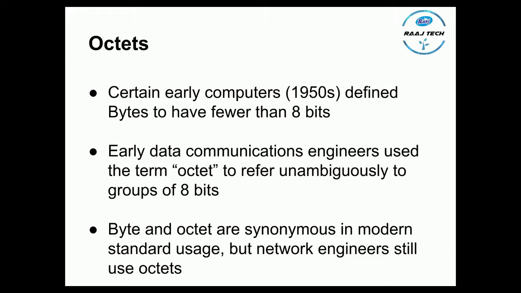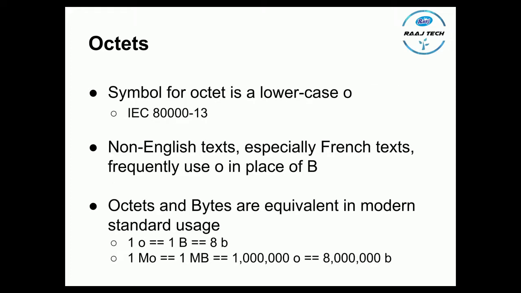In modern standard usage, the word byte and the word octet mean exactly the same thing. But network engineers typically use the term octet, and you'll see octet written in many networking texts and networking documents. The symbol for octet is a lowercase o following the IEC 80000-13 standard.